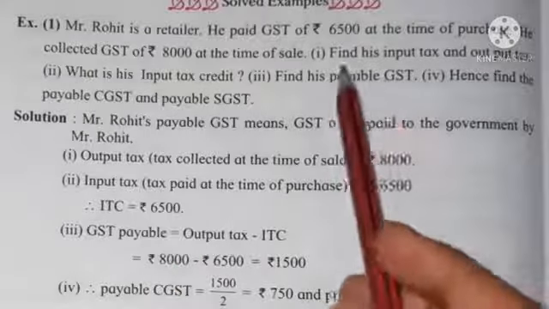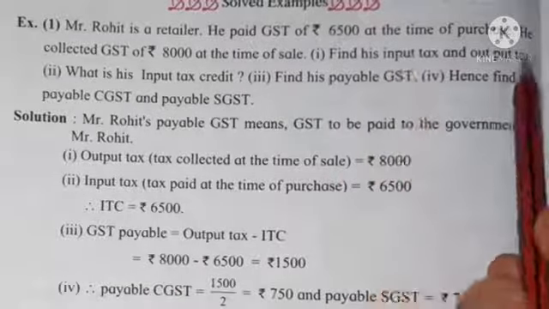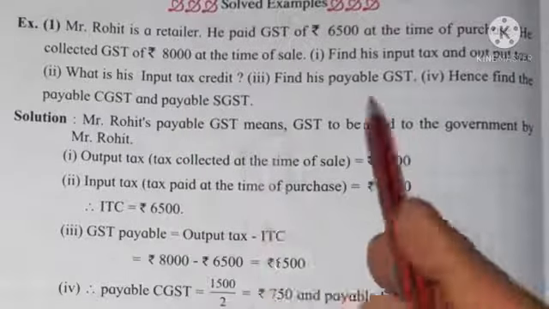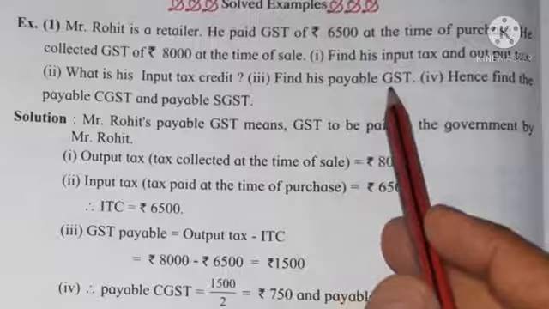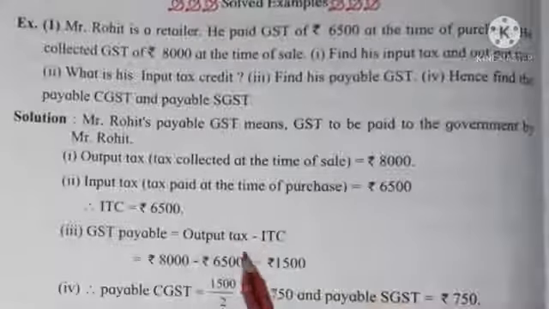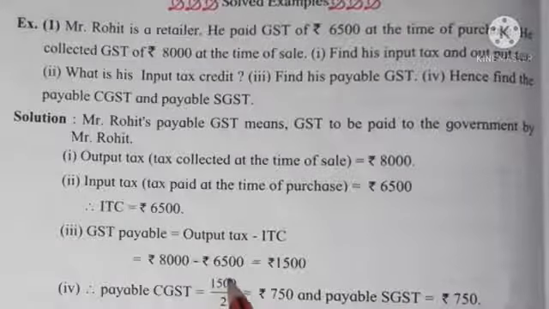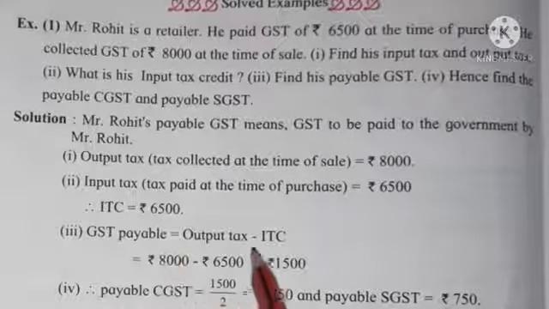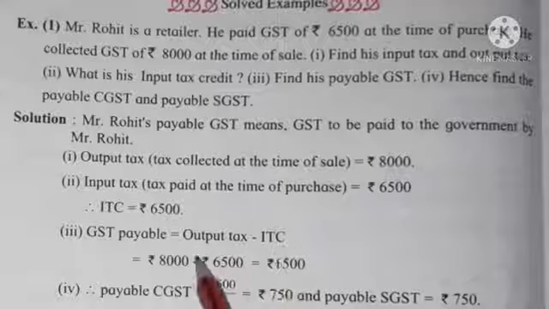So for GST payable, first we find input tax and output tax. Now the input tax credit is rupees 6,500. What is the GST payable? We know the formula for GST payable: output tax minus input tax credit.